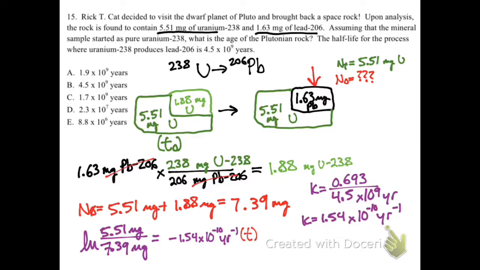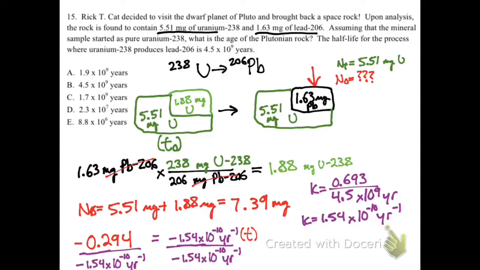So the natural log of 5.51 divided by 7.39 is negative 0.294. Now we'll divide both sides by our rate constant, and we will get our answer. So t is equal to 1.91 times 10 to the 9th years. Our choice A.